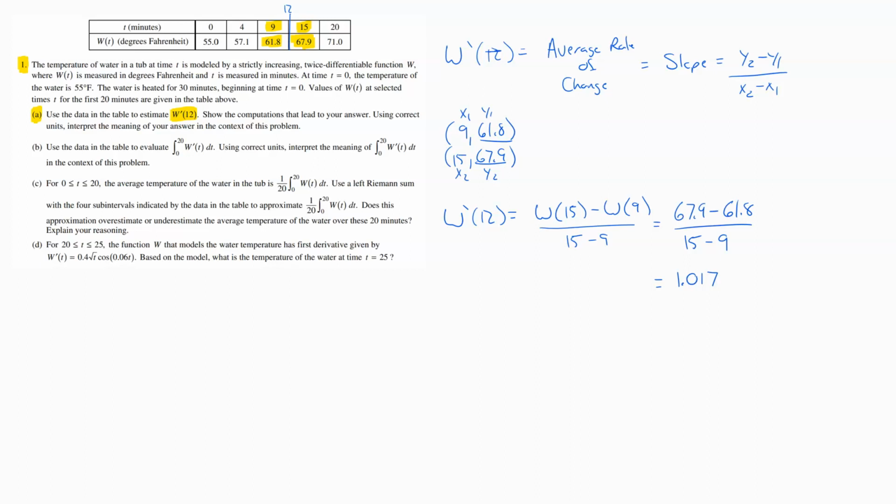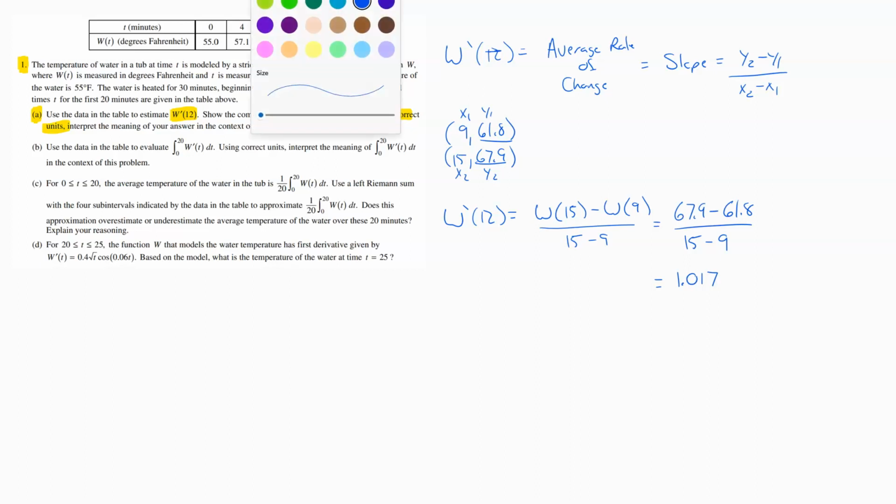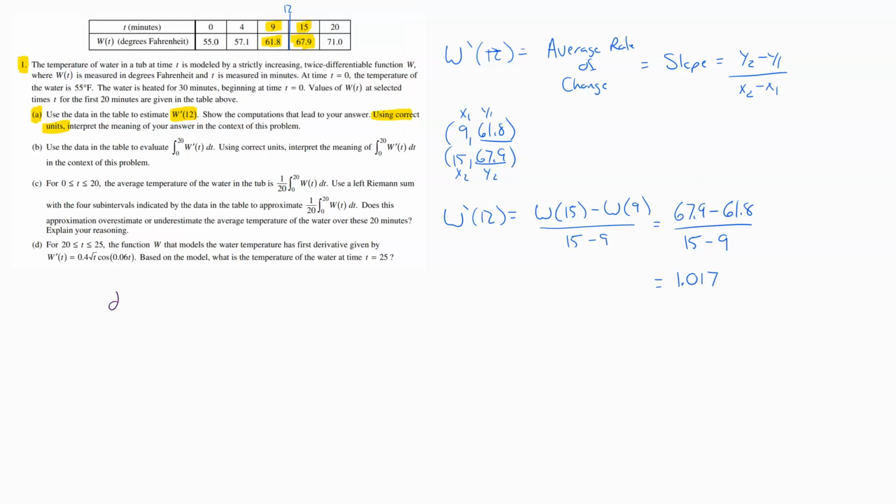Then the second half of this problem wants us to go ahead and, using correct units, interpret the meaning of this. Whenever I go to interpret the meaning of a derivative, I always remind myself of the original kind of derivative notation that we learn, which is dy dx. And what that's telling me is this is going to be the change in y units over the change in x units.